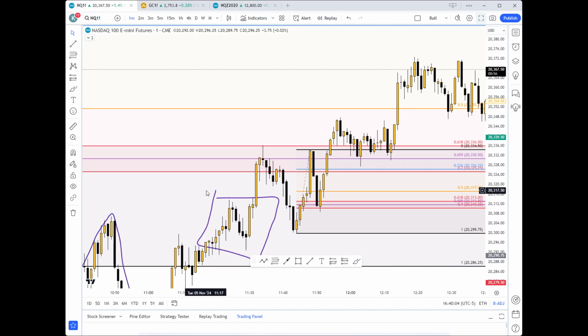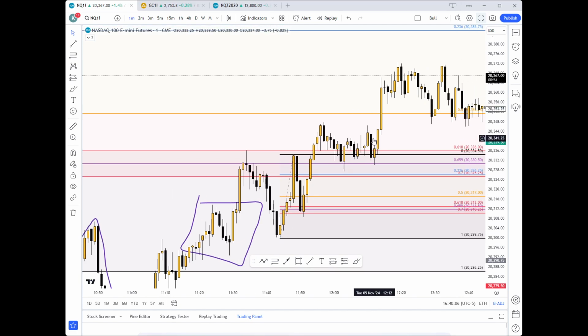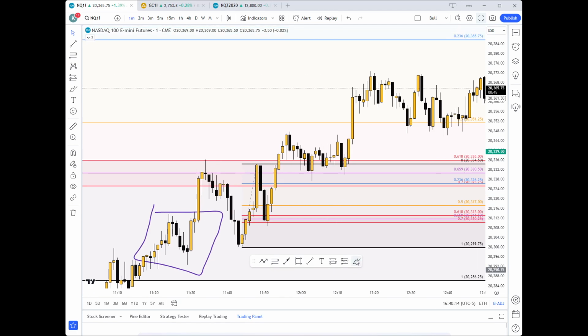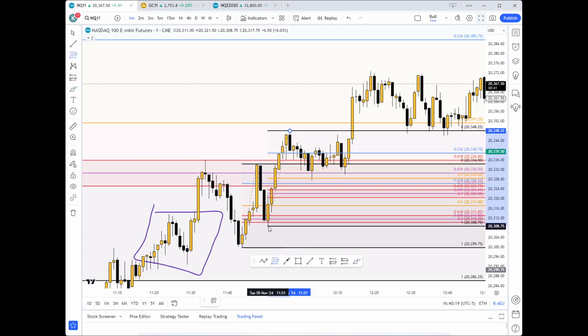Expecting continuation until we hit our objective, despite how beautiful this looks on the short side. And then this trades up. You don't have a retracement here, so you have something like this. Well, that never got hit. We actually traded back into this area responsible for breaking here. No real entries here unless you're looking for liquidity sweeps.